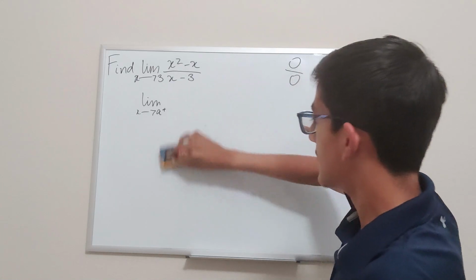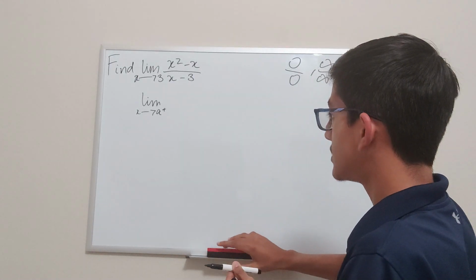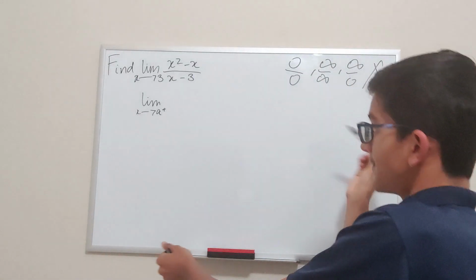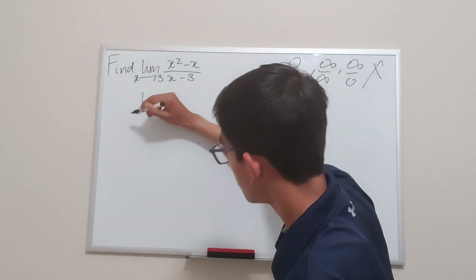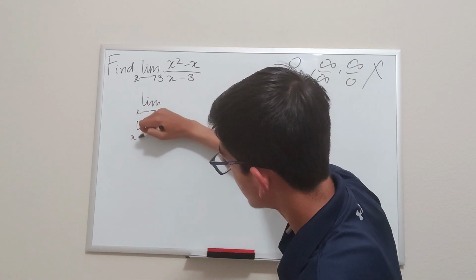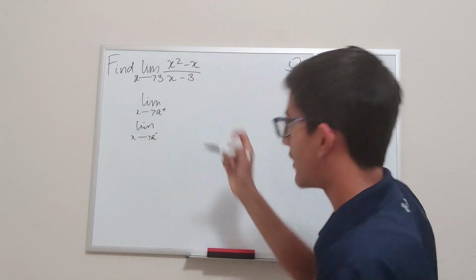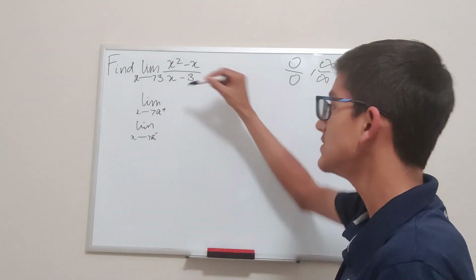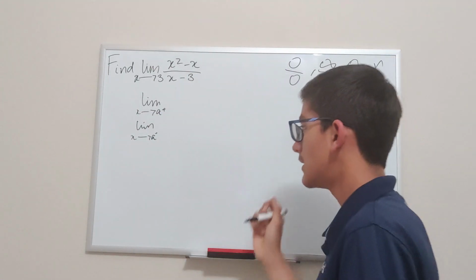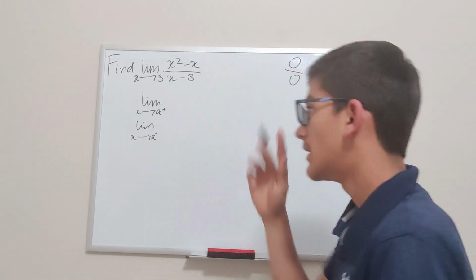So to denote the left and right side, we call this the right hand side because it's approaching from the positive, and the left hand side because it's going to be the limit as x approaches a to the power of minus, you could say, or negative, because it's approaching from the left hand side. So really, this is just right hand limit and left hand limit. You should already kind of know this.